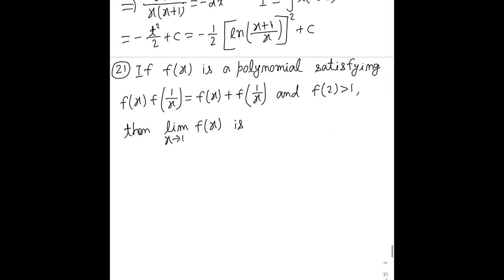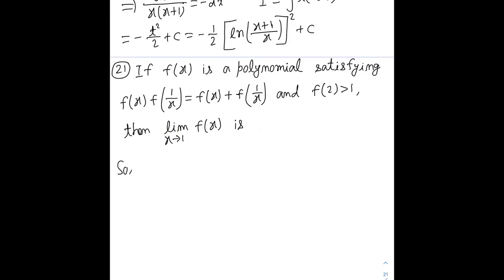Okay guys, then question number 21. If f of x is a polynomial satisfying f of x into f of 1 by x equal to f of x plus f of 1 by x, and f of 2 is greater than 1, then you have to find the limit of f of x where x tends to 1.